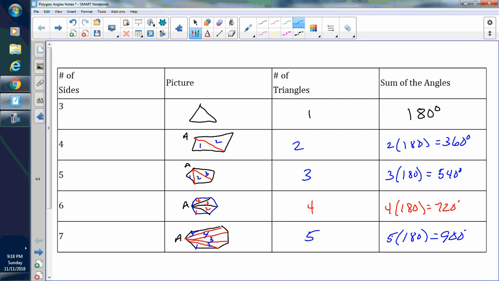We saw with a 7-sided polygon how difficult that was to draw. So maybe we can look for a pattern here between the number of sides and the number of triangles, and then how we find the sum. What do we notice about the number of triangles compared to the number of sides?